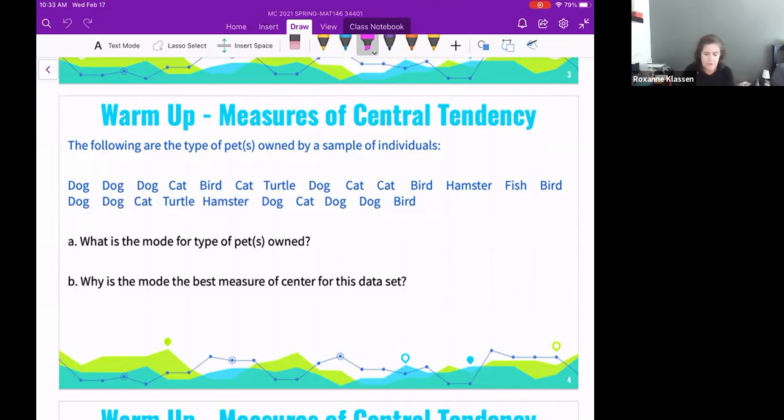All right, so you're getting your answer to this warm up in the chat. So you're putting in there what the mode is, and then why it is the best measure? And this data should look familiar. It's data that you used last week.